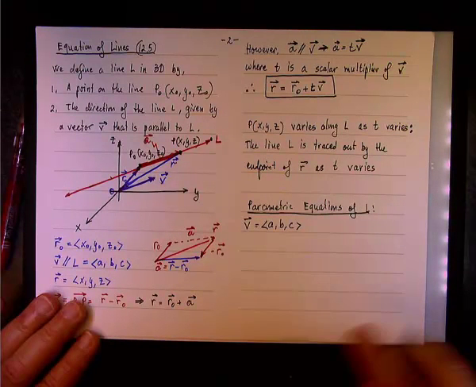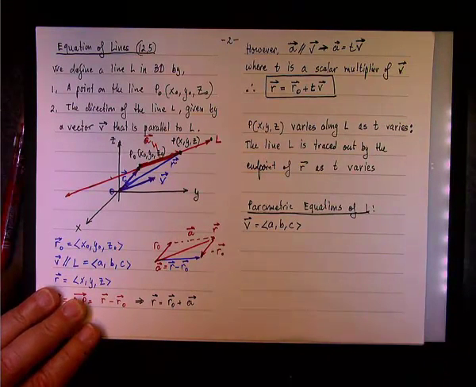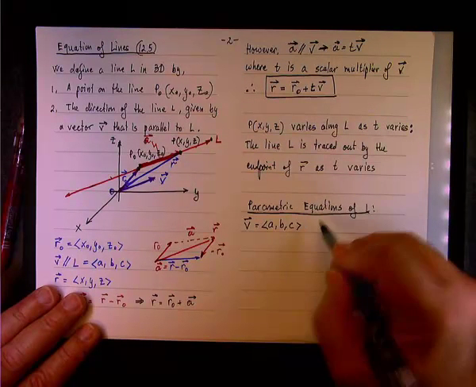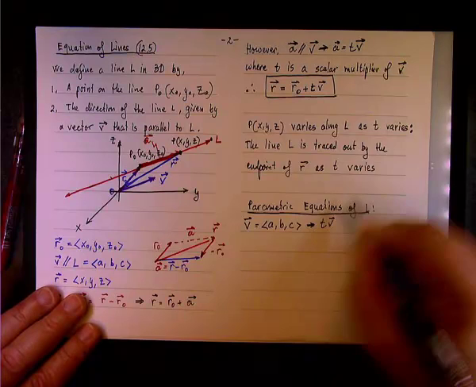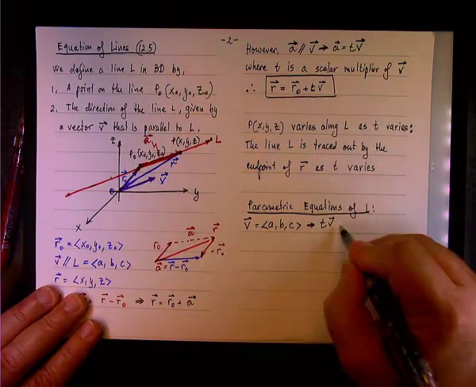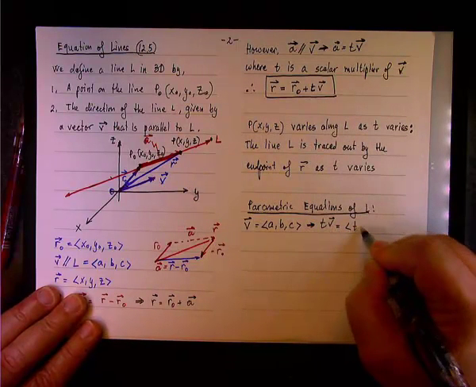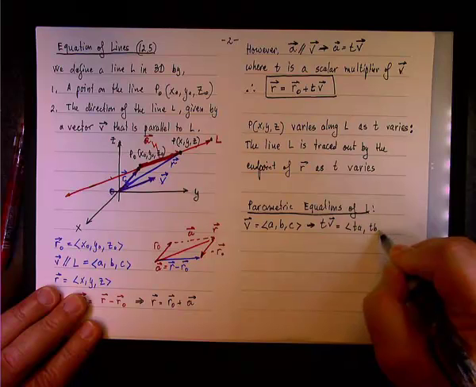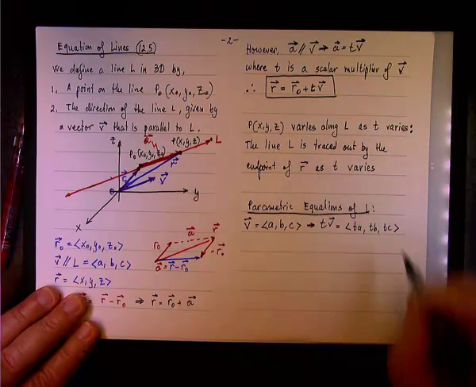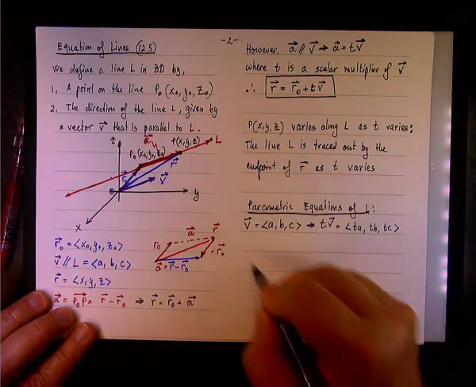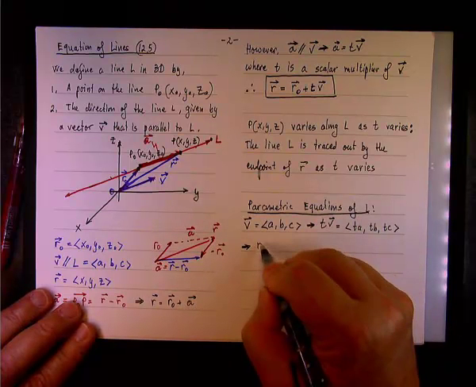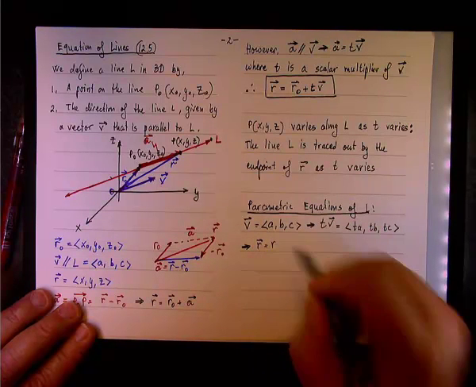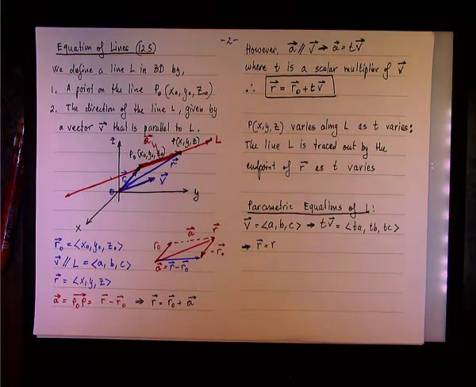The vector V, we said, has components A, B, C. Later on we call these the direction numbers of the line L. And therefore TV, this part of the equation, is simply going to be TA, TB, TC.